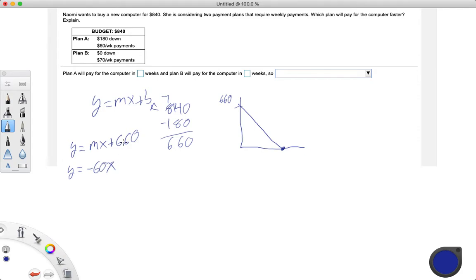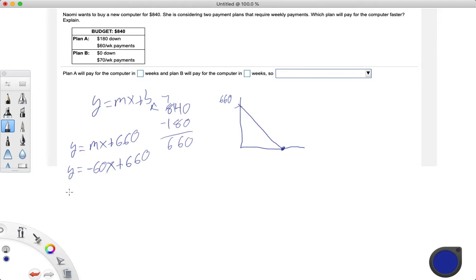If it's a positive 60, then our amount's going to get bigger and bigger every week, and that's going to make us sad, because we're going to owe more and more money. Okay, negative 60x plus 660, and we want to find out what x value is going to make y 0. How much time is going to have to pass before she doesn't owe any money on the laptop?